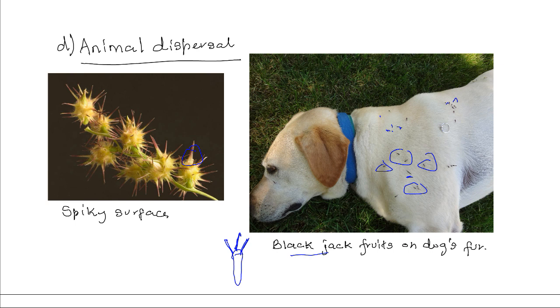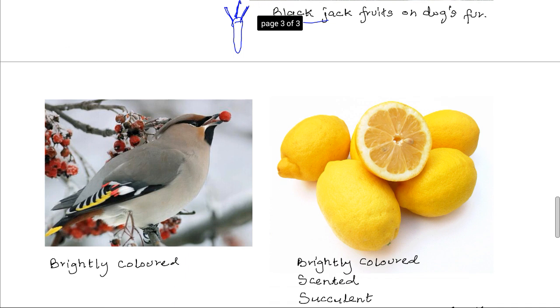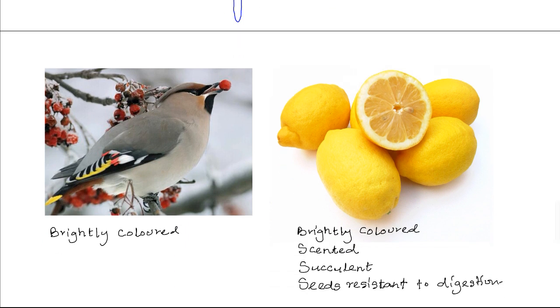In addition to the hooks that may be present, fruits are usually brightly colored and succulent to attract the animals that feed on them as a source of food. So these brightly colored berries attract the birds that feed on the fruit.